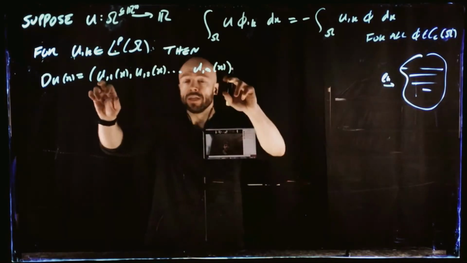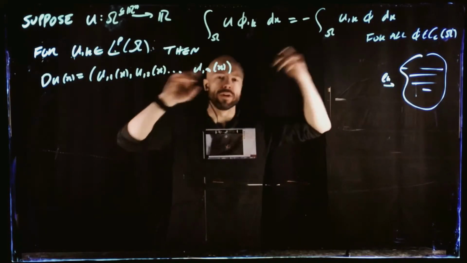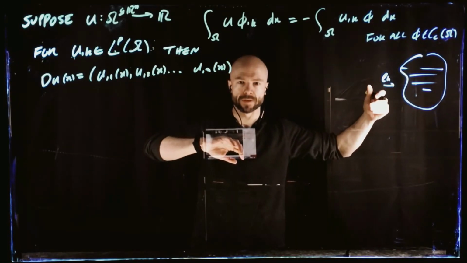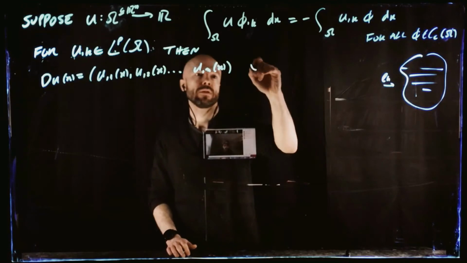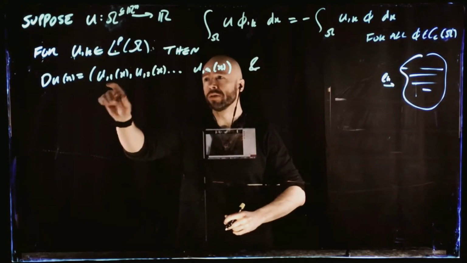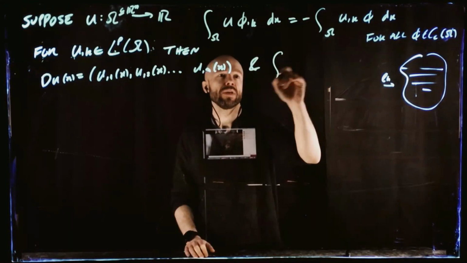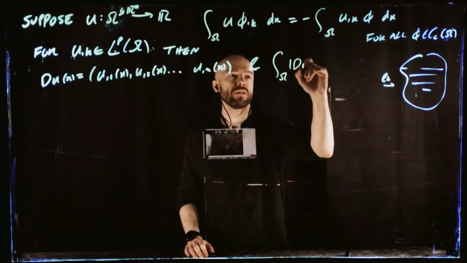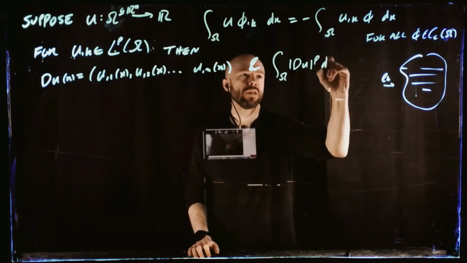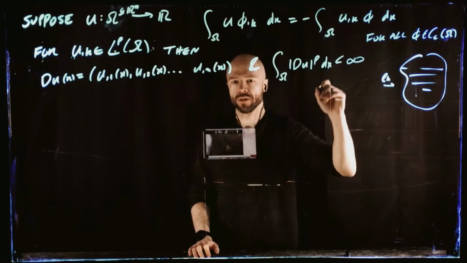And this thing is a vector valued function in Lp. So we want all the coordinates to be in Lp, so we have that the integral of the norm of the gradient to the power p dx is less than infinity. Yeah?